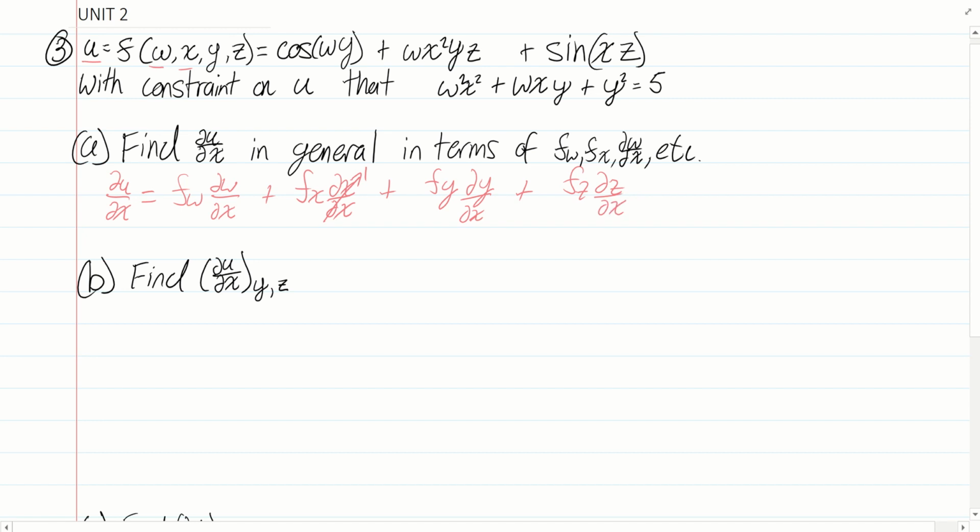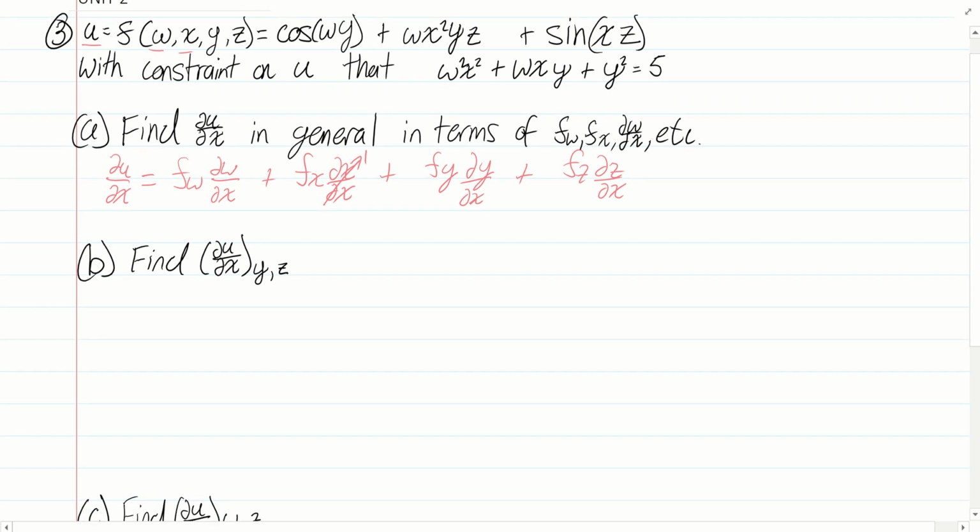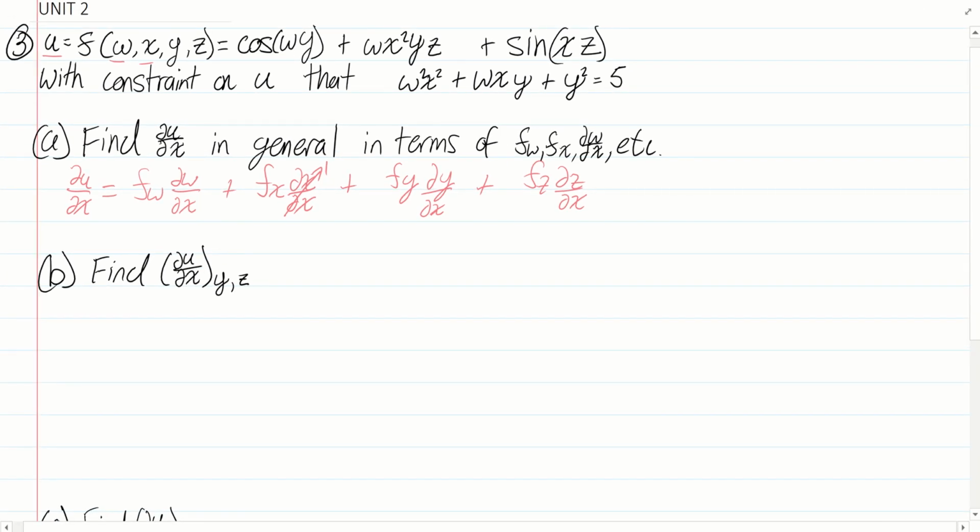Alright, so now we need to find partial of u with respect to x while holding y and z constant. So with finding this, you need to look towards using your constraint for part of it, and your function for the other part.